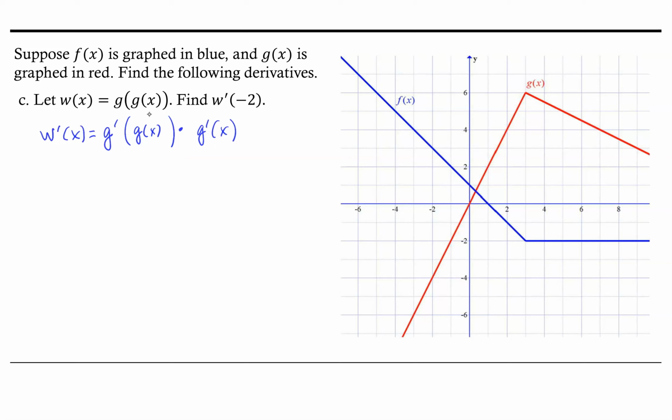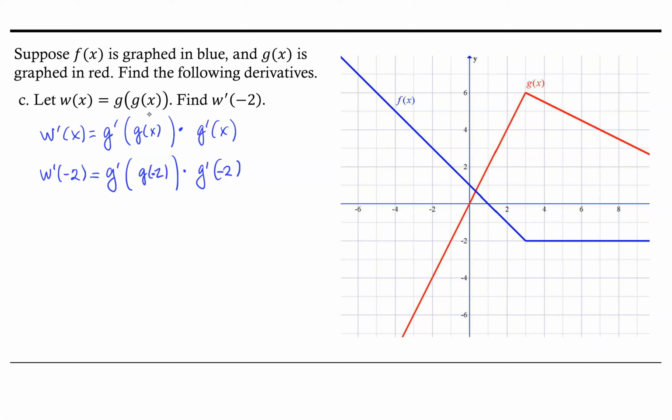Okay, so now we can think about substituting -2 for x. So we end up with w prime of -2 being equal to g prime of g of -2 times g prime of -2. I'm sorry, those are all -2's. There we go.